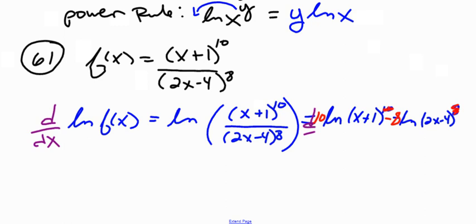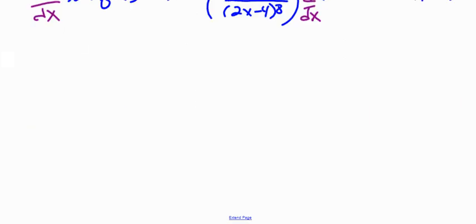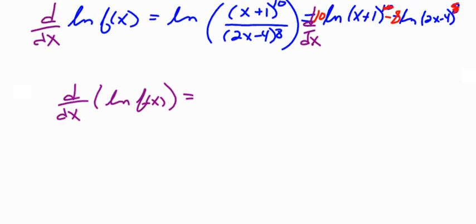And I'm going to take the derivative of this one here. So from here, I have d dx of the natural log of f of x is equal to, and then from here, I'm going to go ahead and try to take the derivative of this right-hand side of the equation.